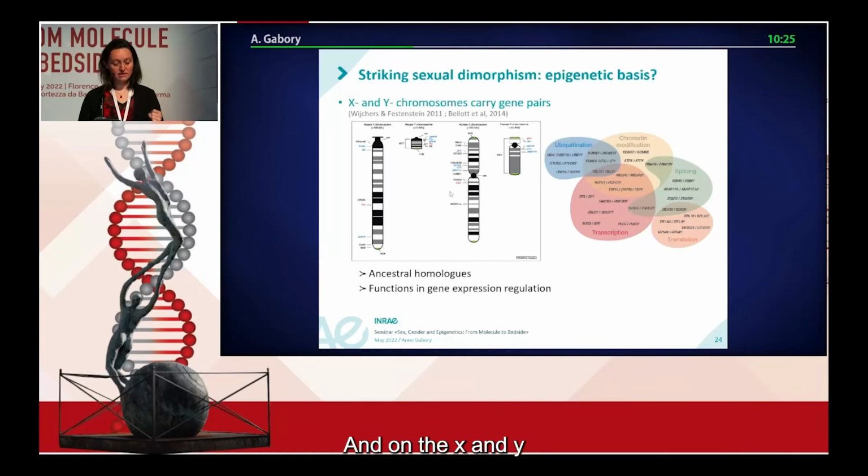And on the X and Y chromosomes, there are gene pairs that are ancestral homologs. And what's interesting is that these gene pairs have functions in gene expression regulation, such as ubiquitination, chromatin modification, transcription, splicing, and translation.